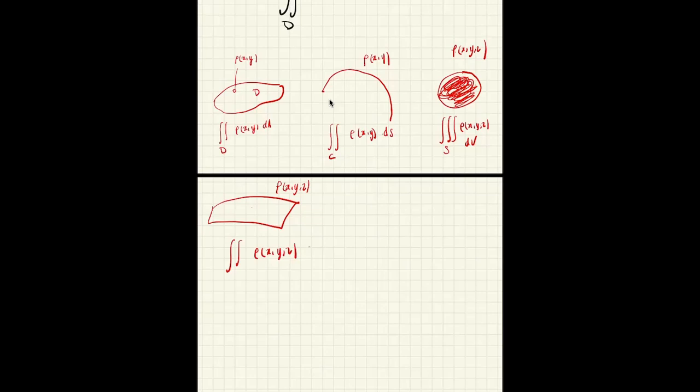Now you will need dS. But here, be careful. This is little ds, and this is capital S. Okay? And then you have to find the parameterization, right? Rho evaluated at (u,v), and here it's the domain D.